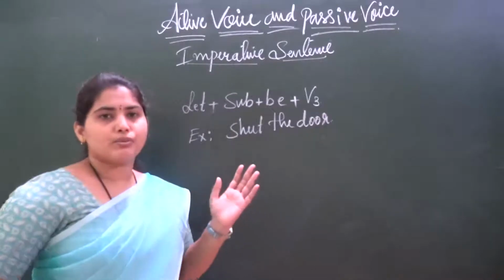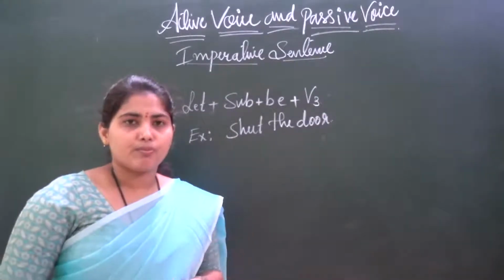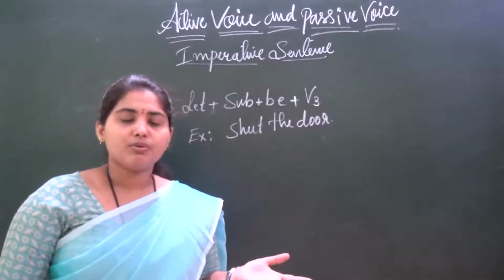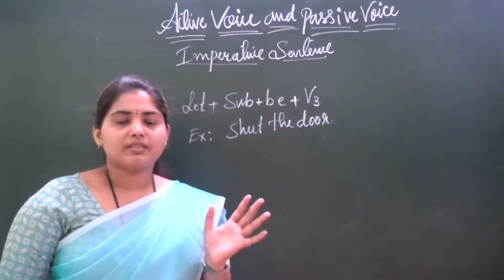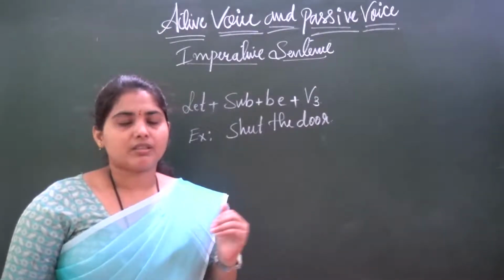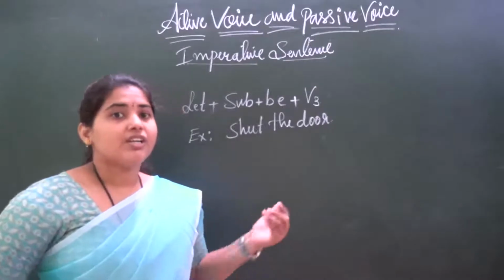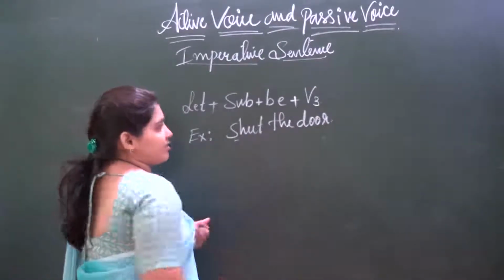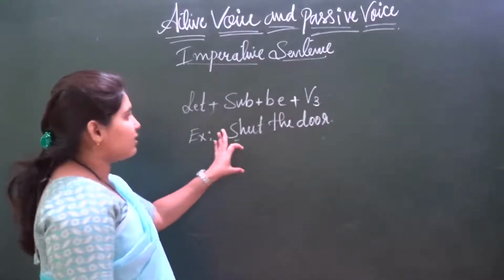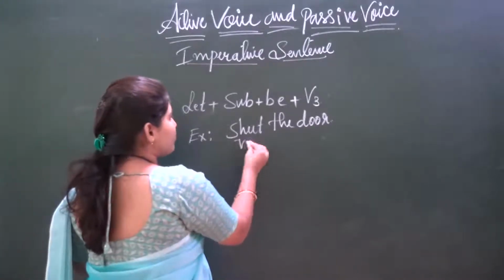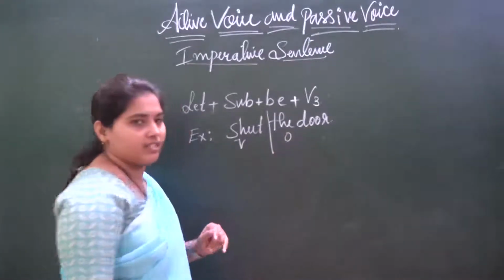Here, according to the rules, the object will change into the subject, and the verb is changed into V3, the third form of the verb, right? Here, there is no subject, only verb and object.